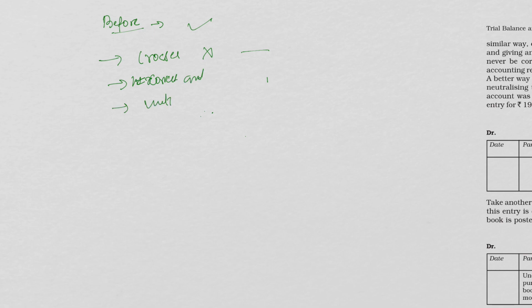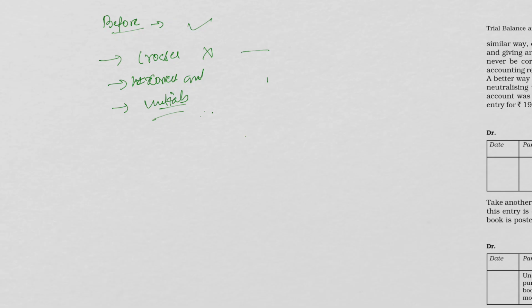Then we have corrections in books of original entry. So if an error is found before posting to ledger, it can be corrected directly in the books of original entry. So the accountant basically crosses the wrong amount with a single line and writes the correct amount above it and initials the correction.